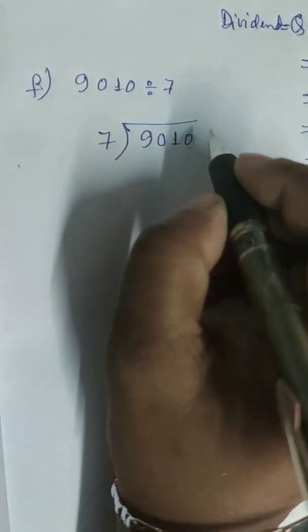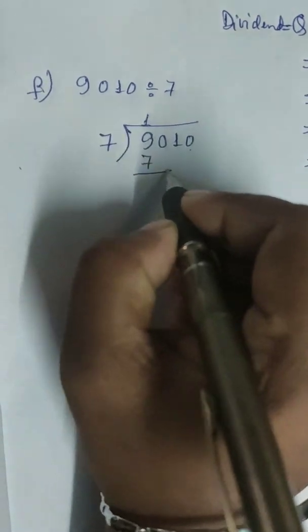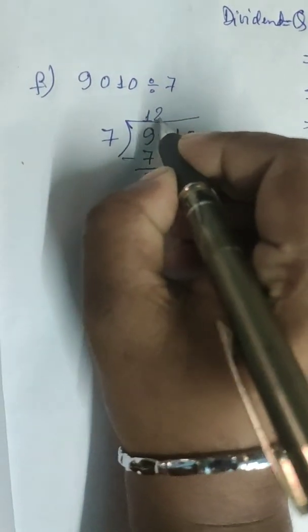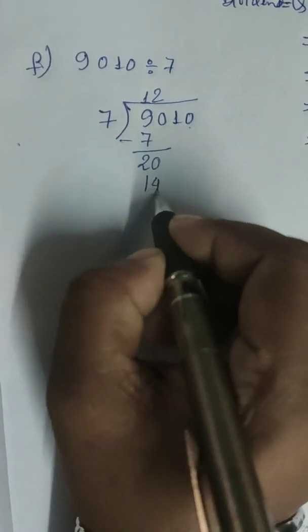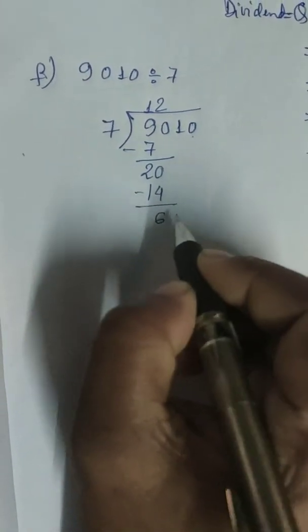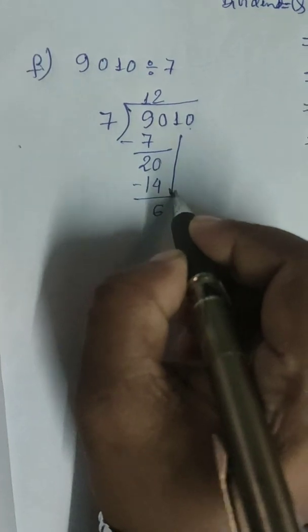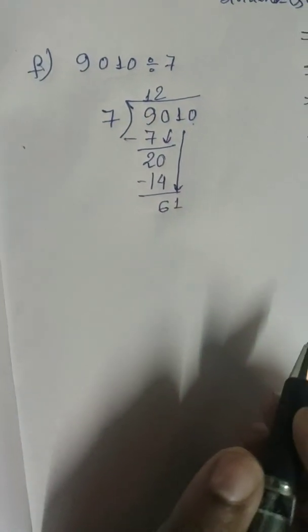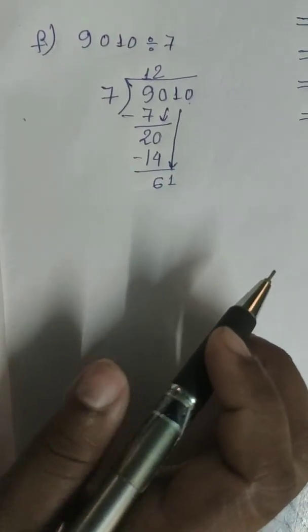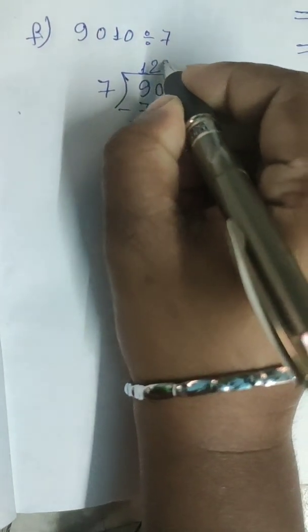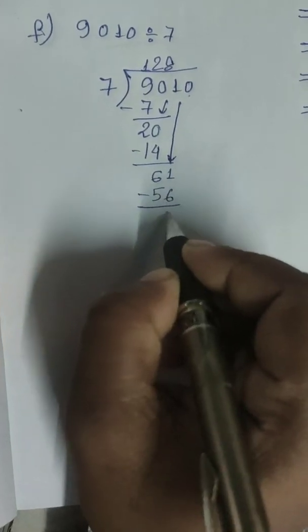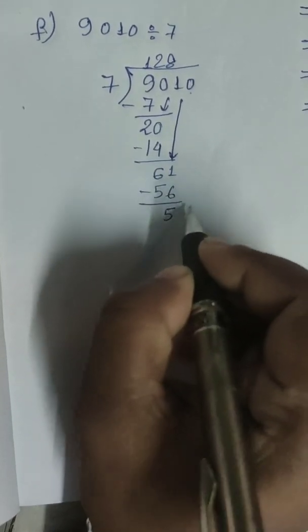So let's start. 7 ones are 7, subtract, 7 twos are 14, subtract, we get 6. Now this 1 will come down. How much? 7 eights are 56. Why? 7 nines are 63, which is greater. So 7 eights are 56. Subtract again. So the answer is 5.